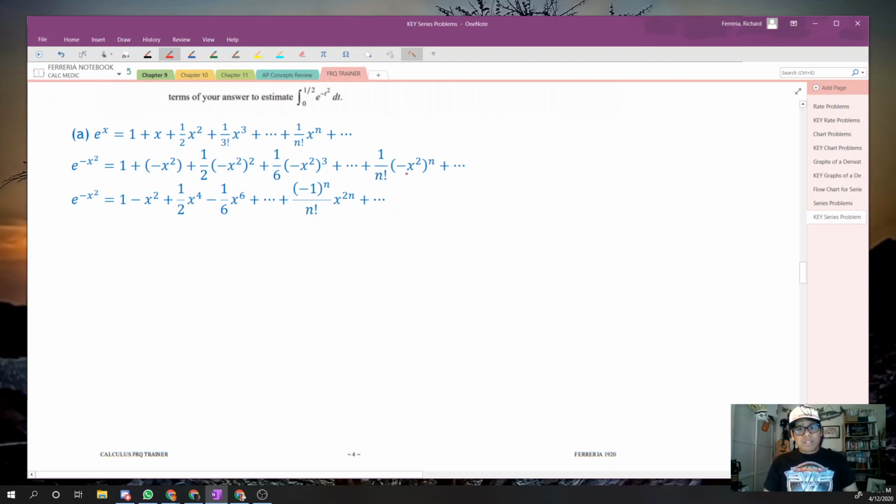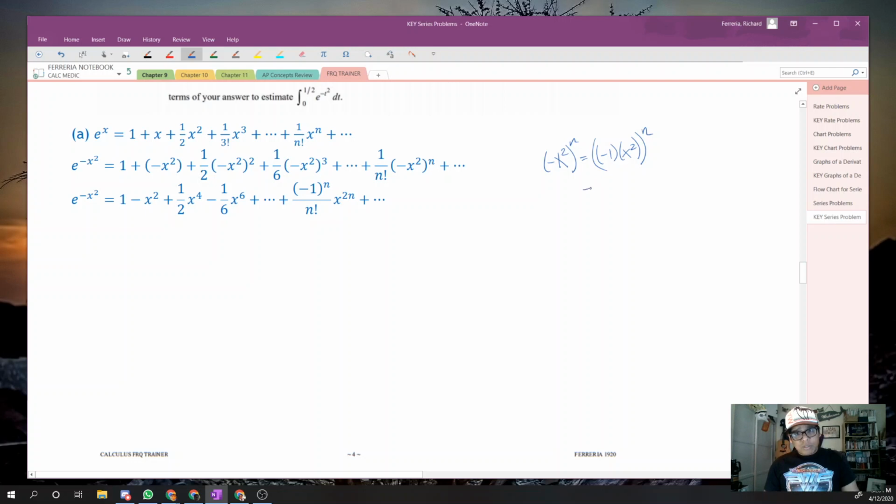Now, the other part of this is x squared. X squared to the n power is x to the 2n power. Remember, a power of a power means you multiply. Maybe I should write it like this. Negative x squared to the n power. That's the same thing as negative 1 multiplied by x squared, everything to the n power.